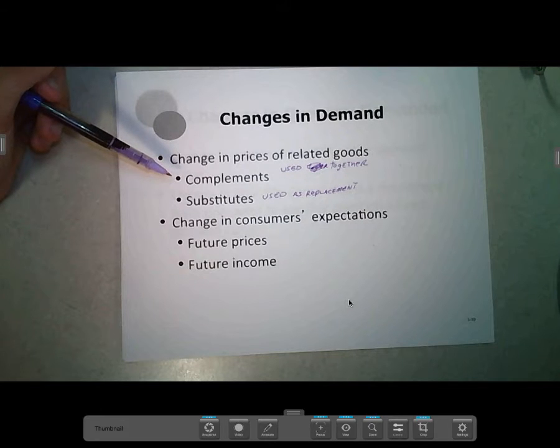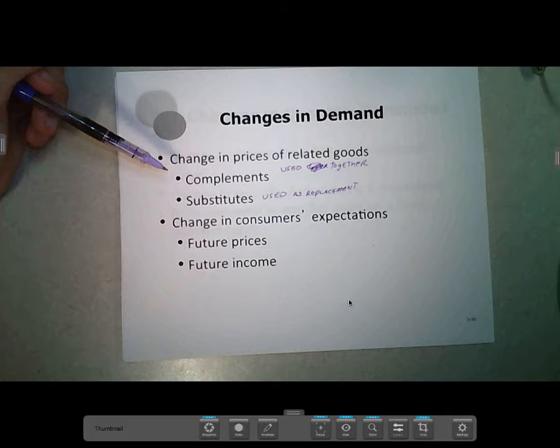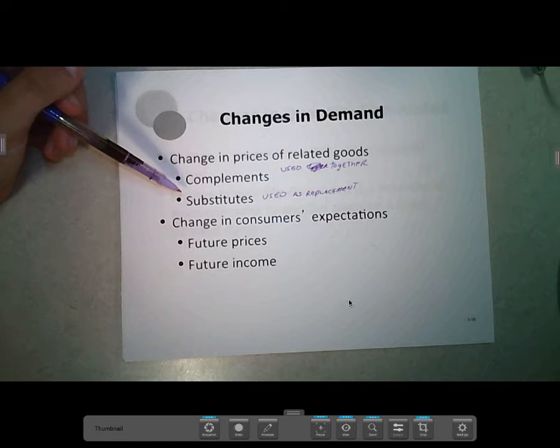So people aren't just going to buy bikes without buying a helmet. People aren't going to just buy helmets without buying a bike. So people buying more helmets will mean that they will buy more bikes because they're going to have to use their helmets with something. Substitutes. These again are the things that are used as replacements. So like oranges and clementines, for instance. My demand for oranges is particularly influenced by the price of clementines.